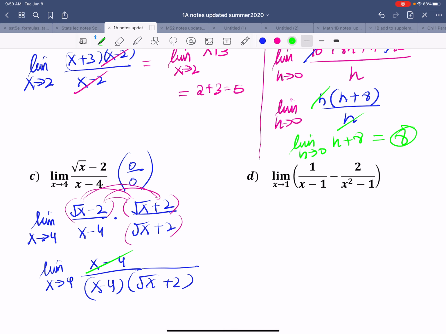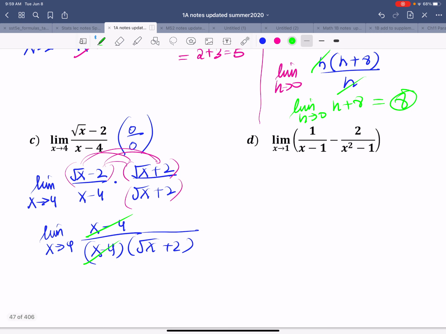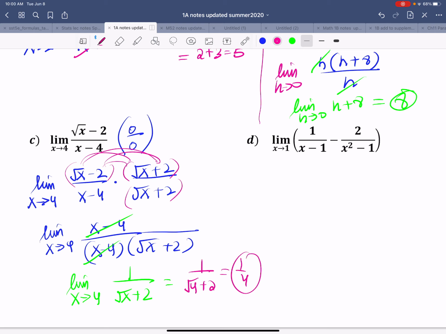Now it looks like I can tackle this easily. Limit as x approaches 4 of 1 over the square root of x plus 2, and this function is continuous at 4, so I'm able to substitute the number in. That would be 1 over the square root of 4 plus 2, which is 1 over 4. And that's my limit.